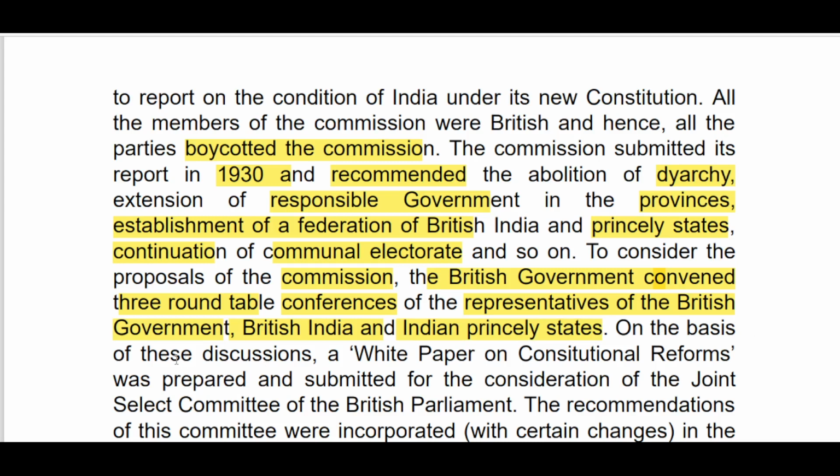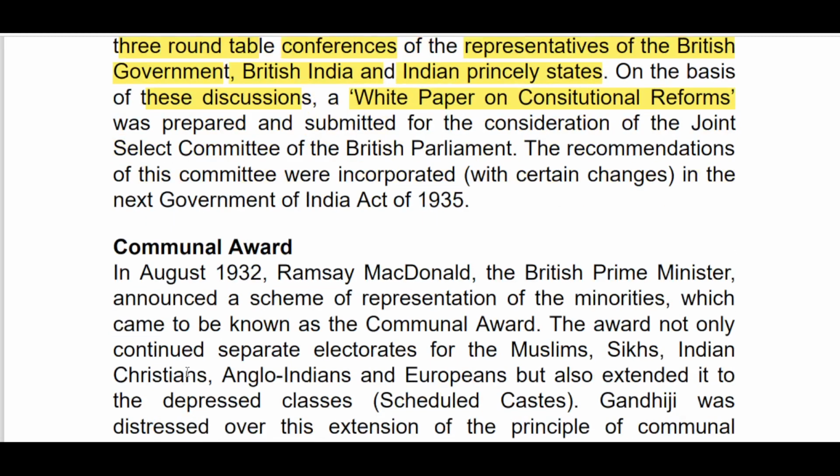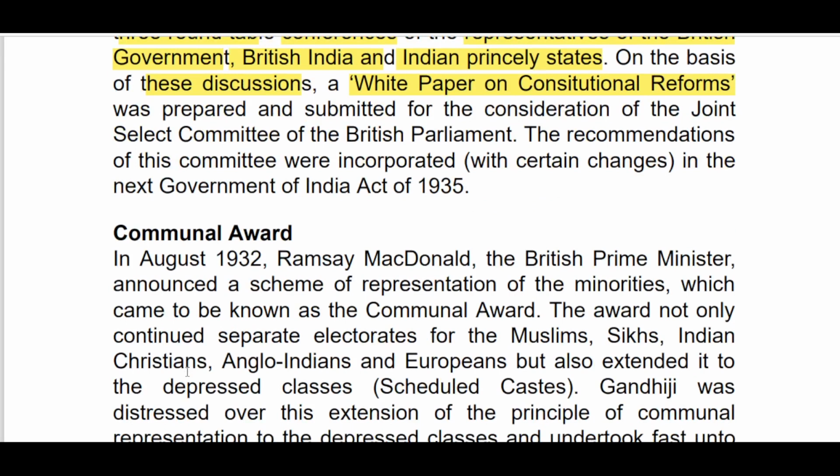On the basis of these discussions, a white paper on constitutional reforms was prepared and submitted for the consideration of the Joint Select Committee of the British Parliament. The recommendations of the committee were incorporated in the next Government of India Act, 1935.